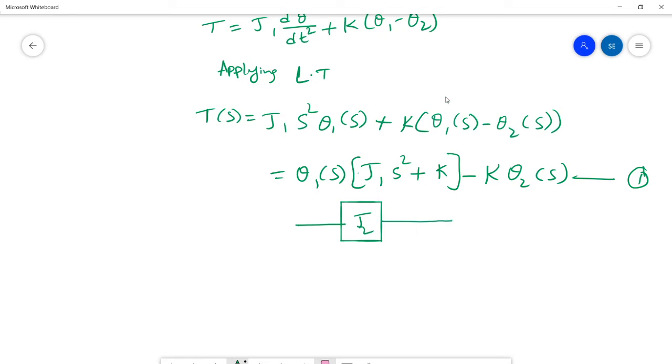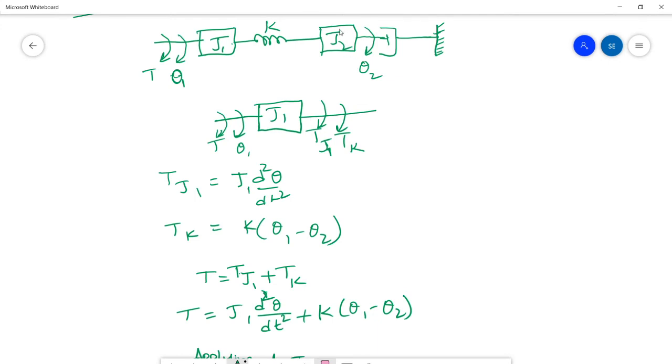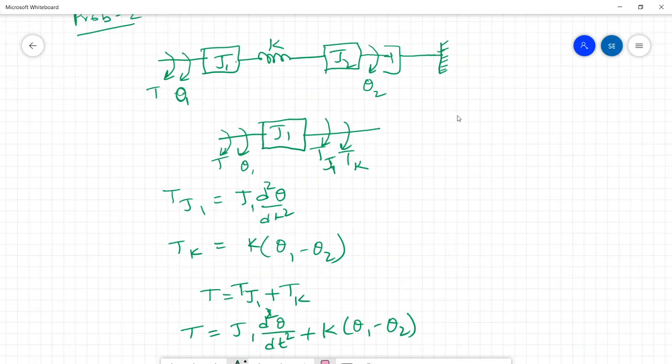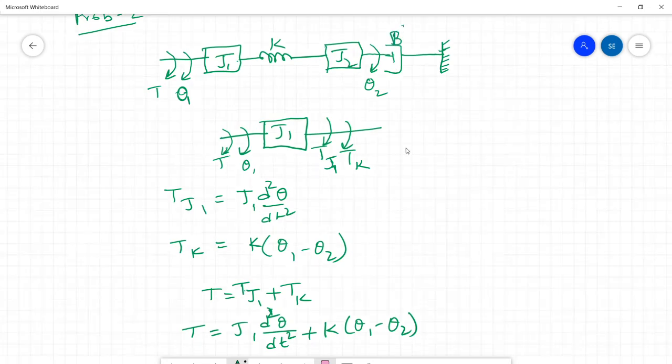J2 is connected to the spring K and the dashpot, and J2 itself has an internal torque. So there is torque due to K and torque due to the dashpot, which is B.